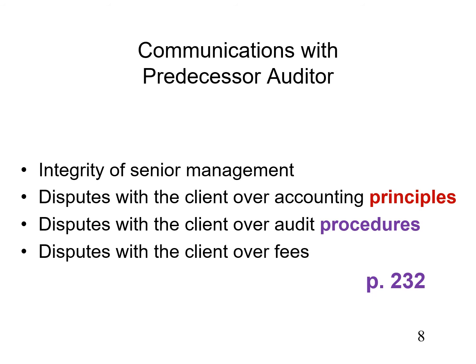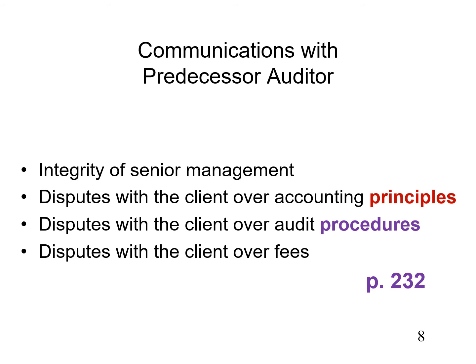Well, they shouldn't be equal. If I ask a 5-point question on a test and say, what are the 4 objectives of our communication with the predecessor auditor? Integrity of senior management will get more points than the others. That's the most important one. The integrity of senior management of the client.